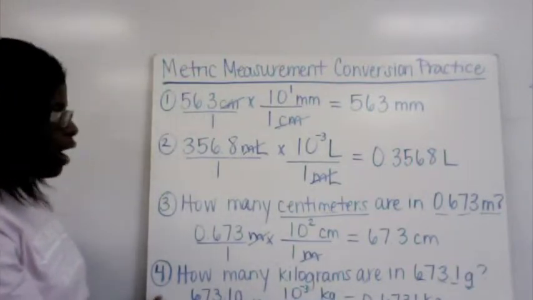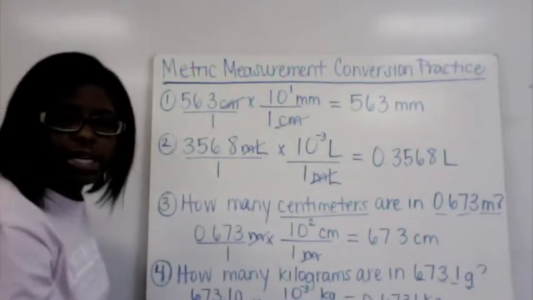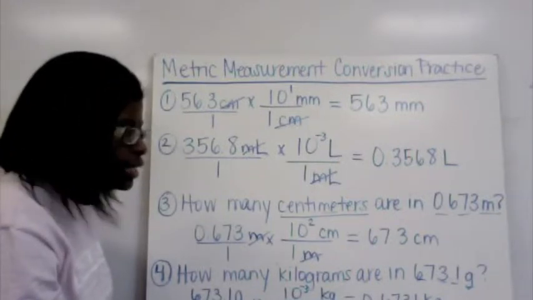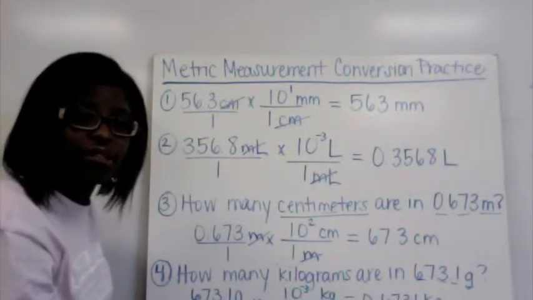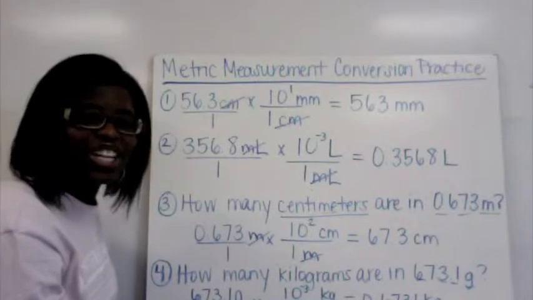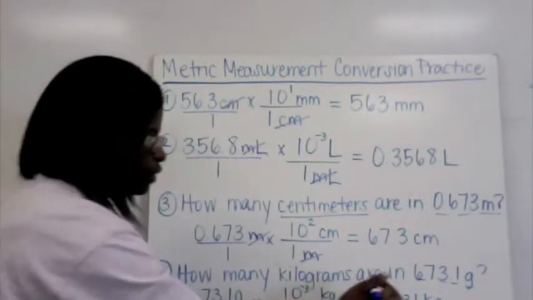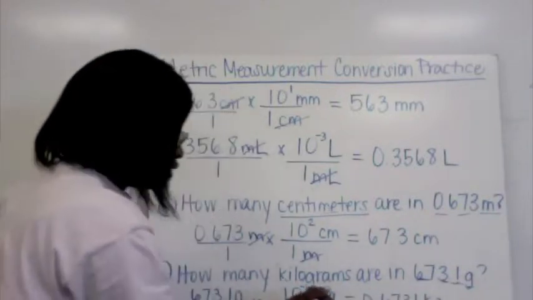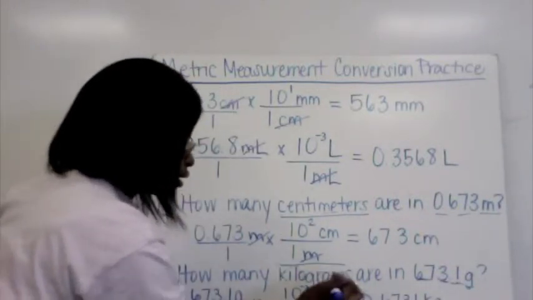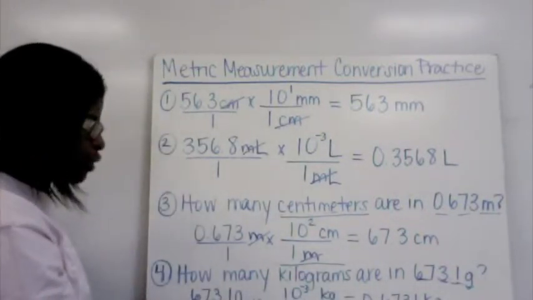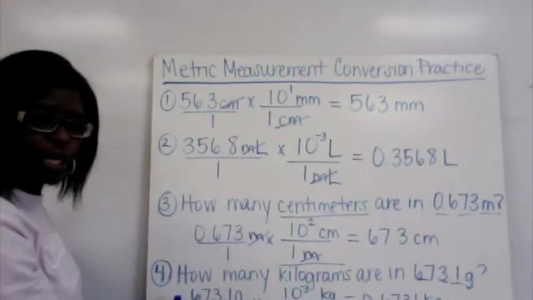Last problem for our metric measurements. How many kilograms are in 673.1 grams? So that's our given right here. And then we want our answer in kilograms. So 673.1 grams is going to be over our placeholder of 1.